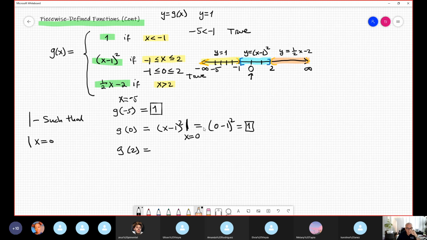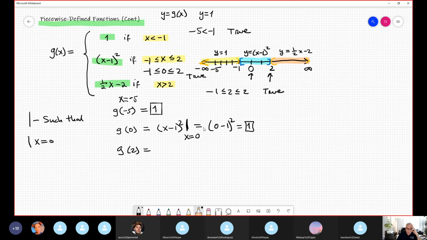And let's do number 2. Wait. Number 2 is confusing because number 2 is here, and number 2 is the boundary, the endpoint that separates the blue and the orange. So I don't know exactly. I know because the equal sign, the bracket, belongs to this. So this 2, when you plug it in again here, is -1 less than 2, less than or equal to 2. This statement is true, no?